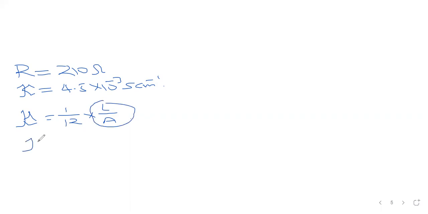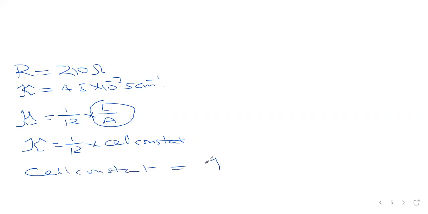So kappa is equal to 1 over R times the cell constant. So what is our cell constant?